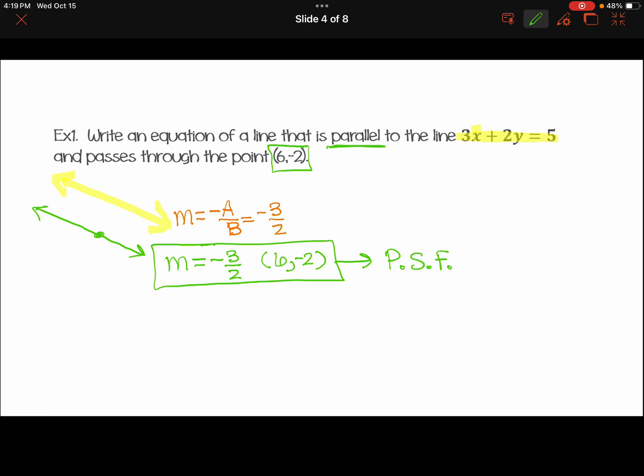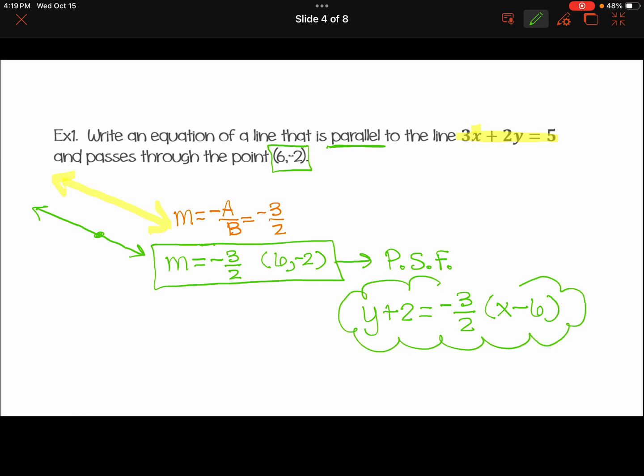So let's go ahead and write that equation. Y minus a negative 2 would be plus 2 equals the slope of negative 3/2 times x minus 6. And right there we have an equation for the green line. It just says write an equation. It doesn't specify what kind. So point-slope form with the given information is by far the fastest. So we can stop right there.